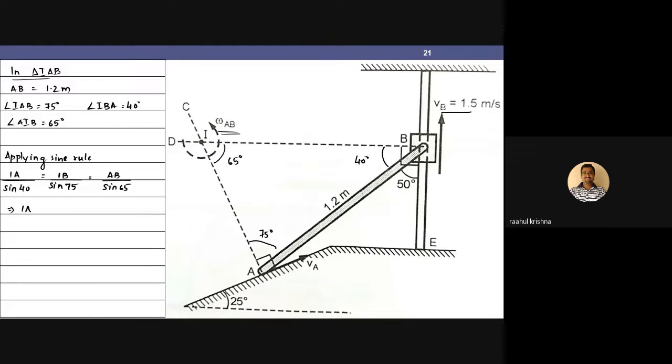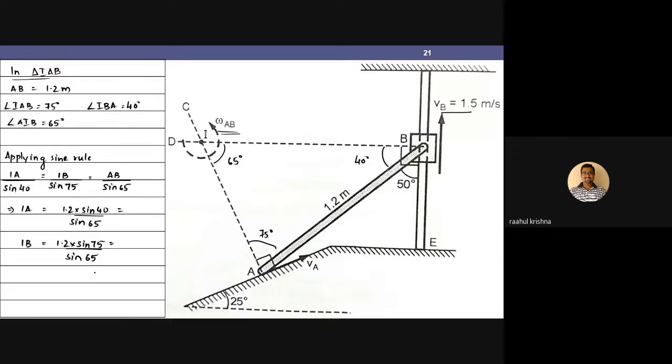So IA equals 1.2 into sine 40 upon sine 65. Then IB equals 1.2 into sine 75 upon sine 65.